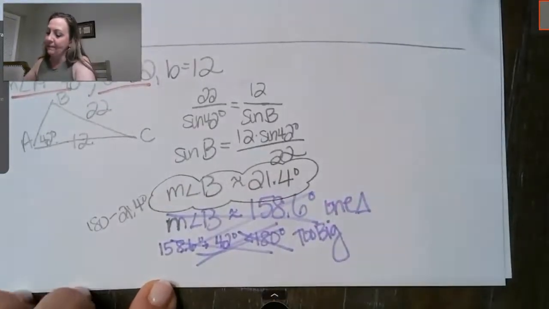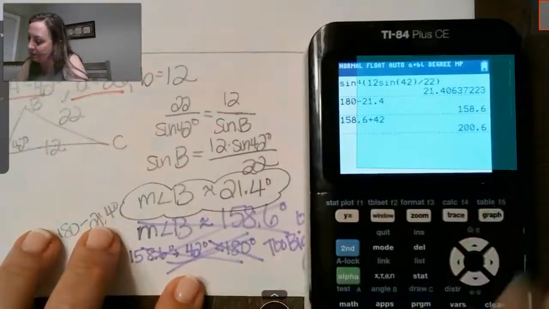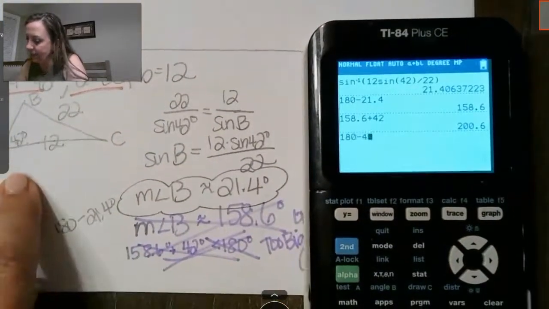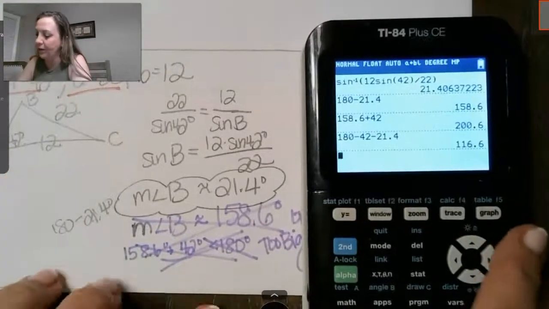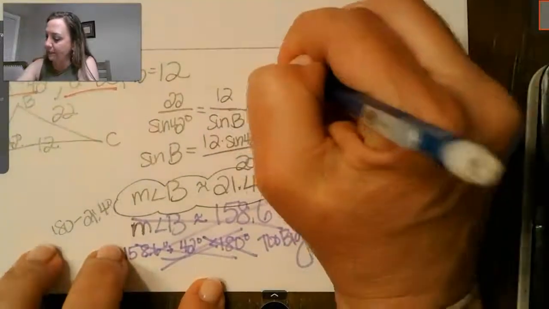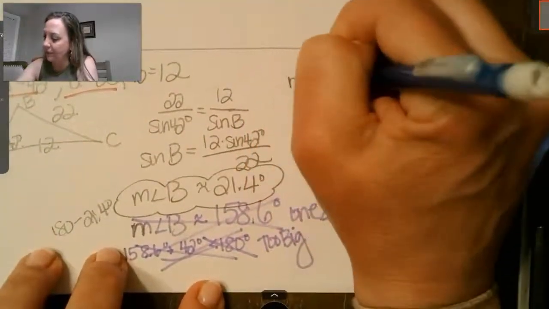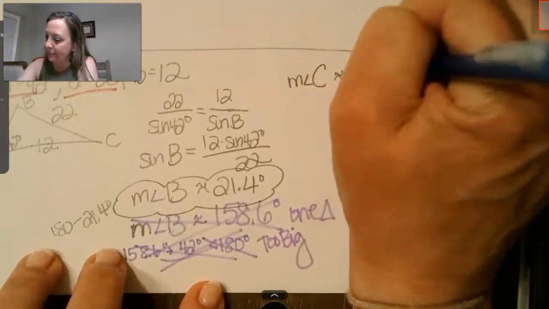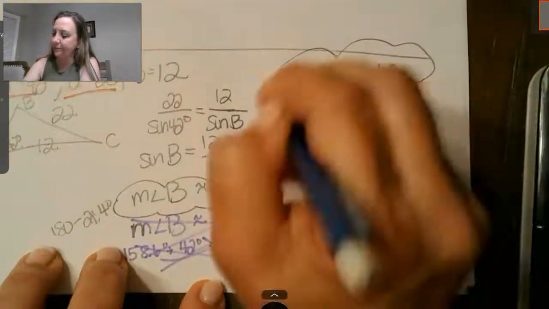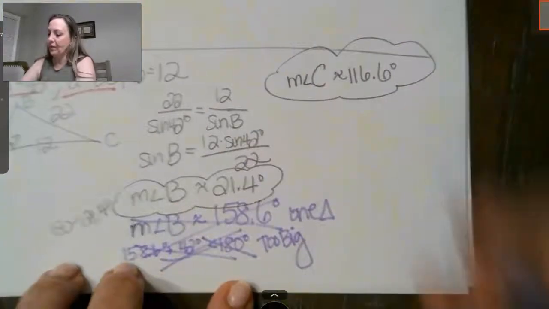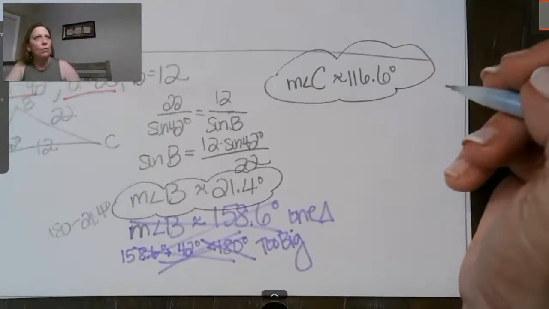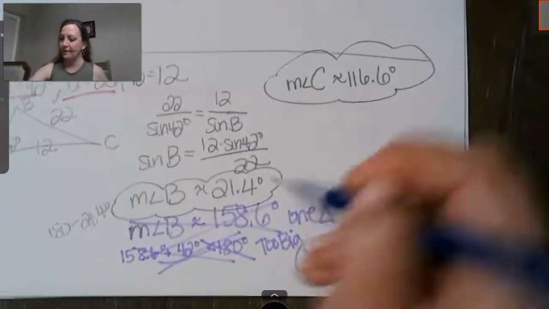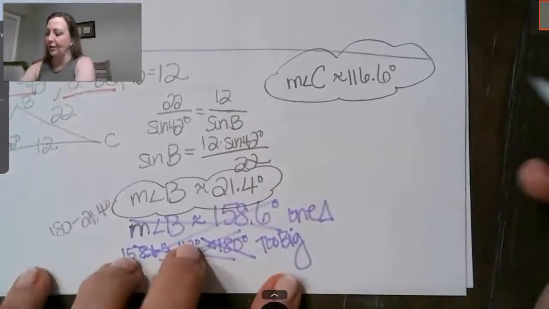We could then find the measure of angle C by taking 180 minus 42 minus 21.4. That's where the obtuse angle is hiding. The measure of angle C then is about 116.6 degrees. And there doesn't have to be an obtuse angle, but I don't want you to think that any obtuse angle won't work, okay? It's just that this quadrant 2 angle wouldn't work in this situation. There's only one triangle.